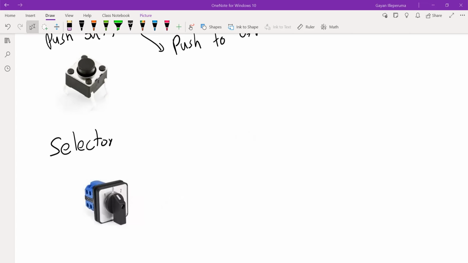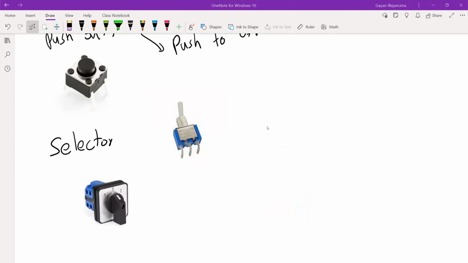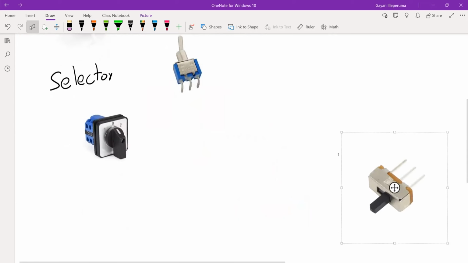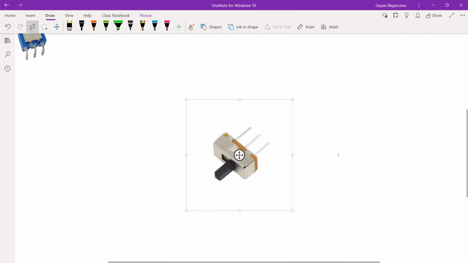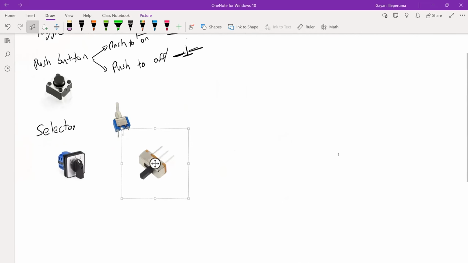But there's another type as well, something like this. We have this type of switches as well.